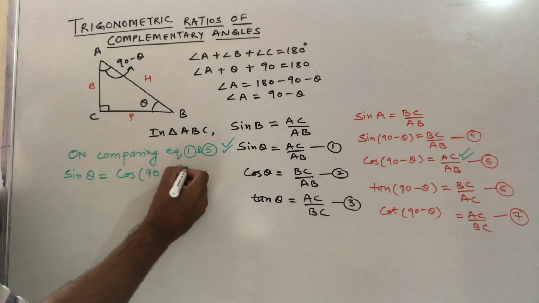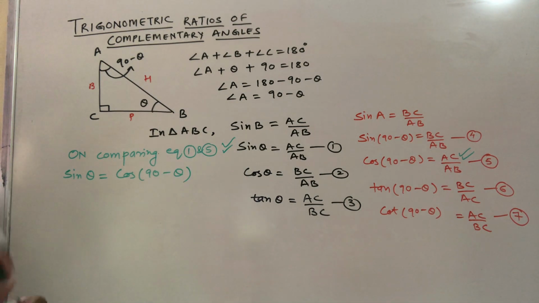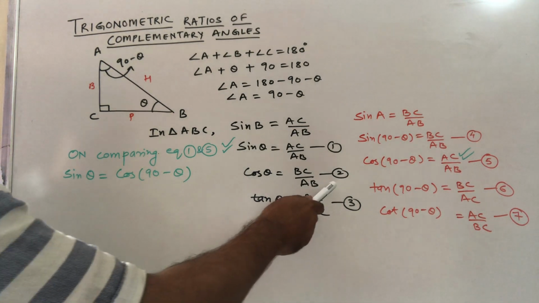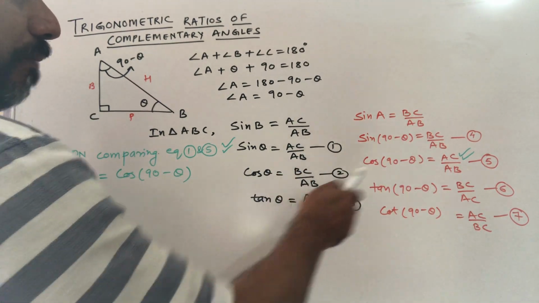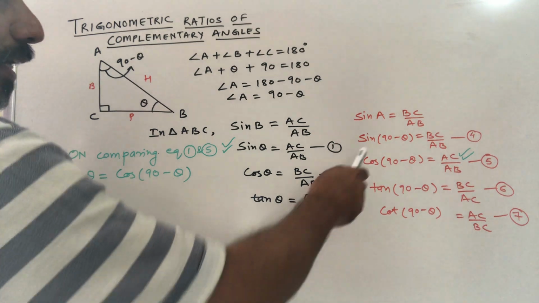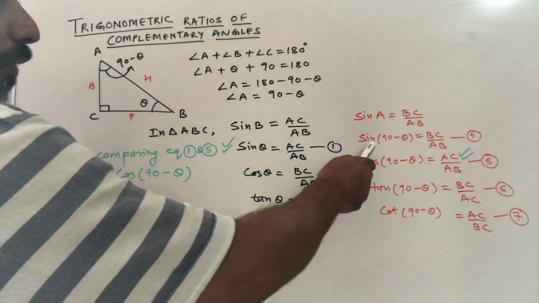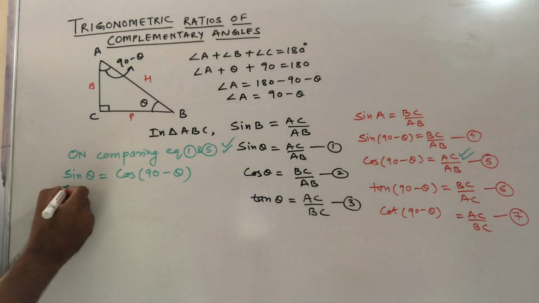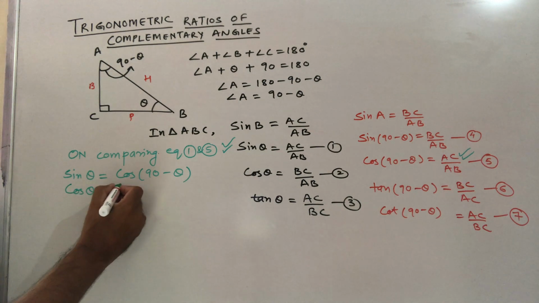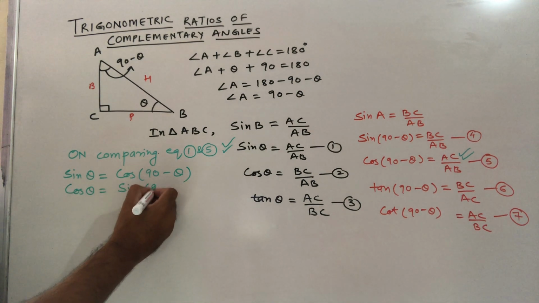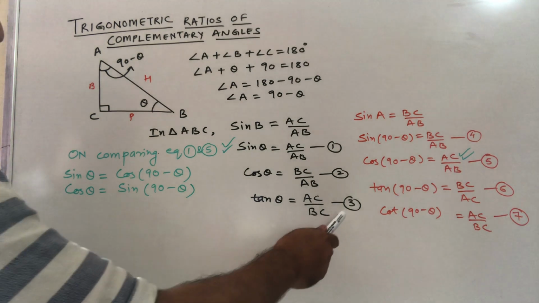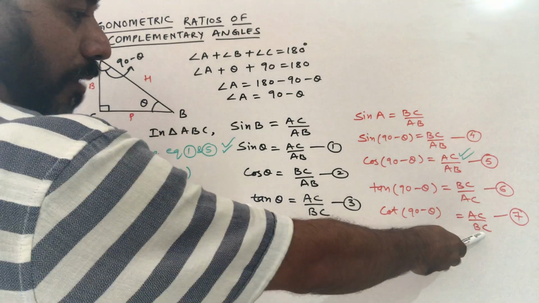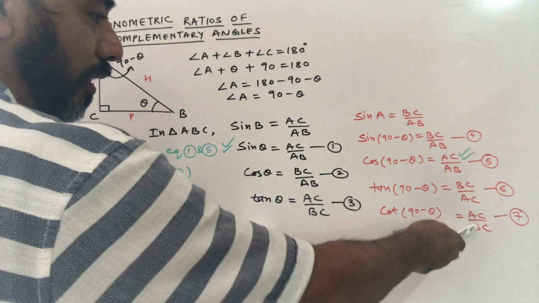Similarly, we can compare equation number 2 and equation number 4. BC upon AB, BC upon AB. So we can write that cos theta equals sin 90 minus theta. In the same way, we can compare equation number 3 and equation number 7, AC upon BC, AC upon BC.